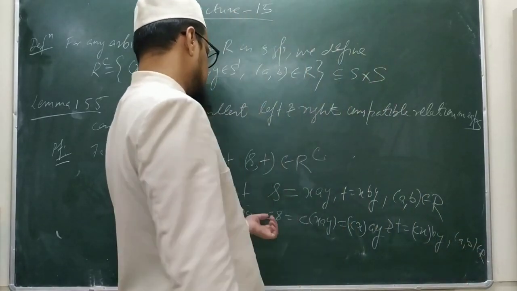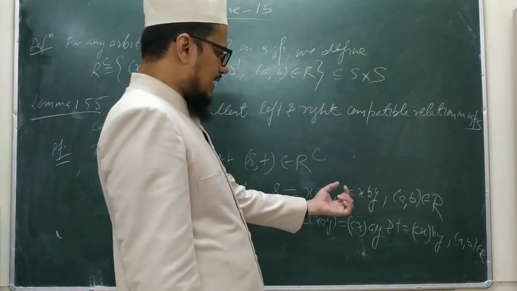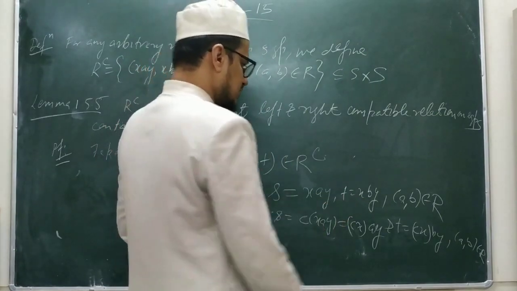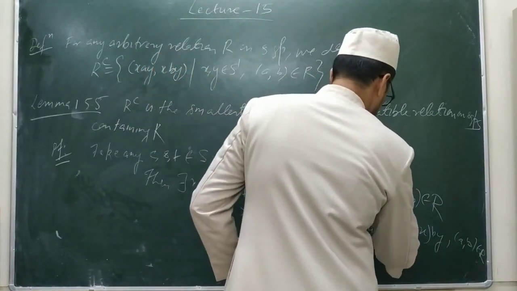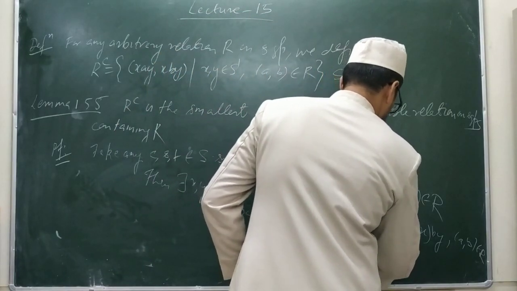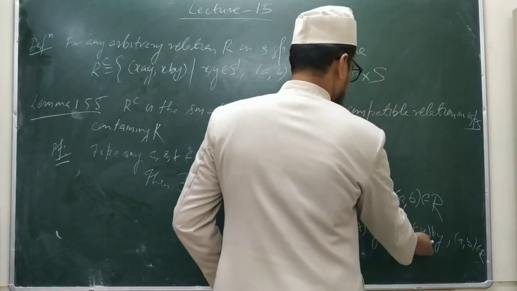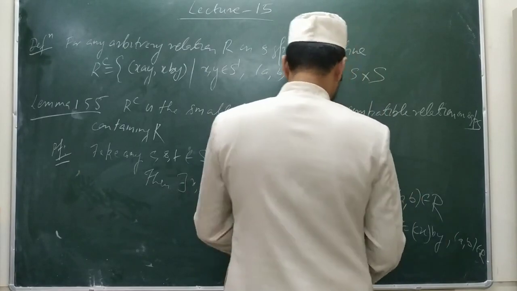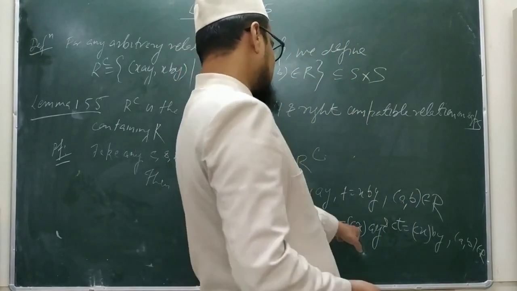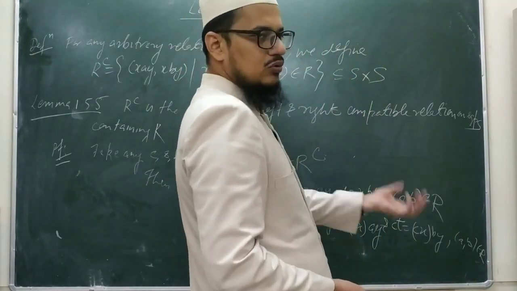You see cs is written as cx·ay, and ct is written as cx·by. And of course when x is in S^1, then cx is also in S^1.